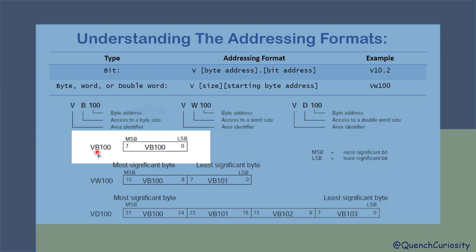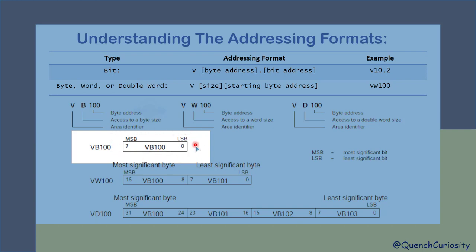So I know that 1 byte is equal to 8 bits. That is why 0 to 7 is occupied by my complete byte address 100. Therefore, if I take VB100, the entire block of this memory is assigned to this address.